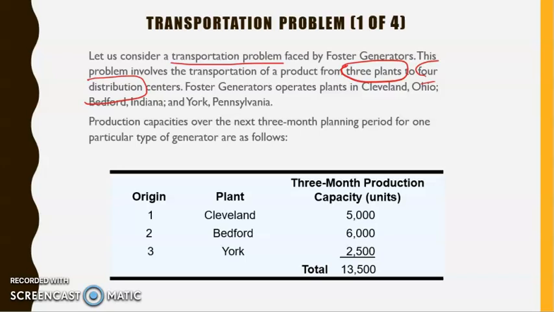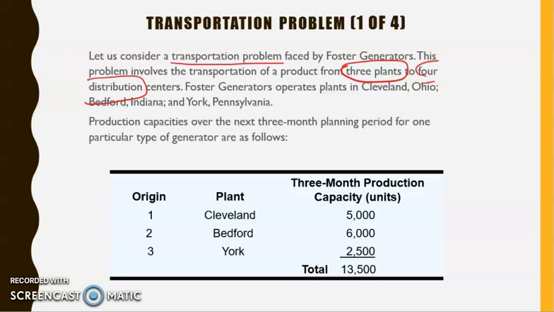The other one, Bedford, Indiana, second. And the last one, York, Pennsylvania. So we have 3 origins in our network that are the start points.